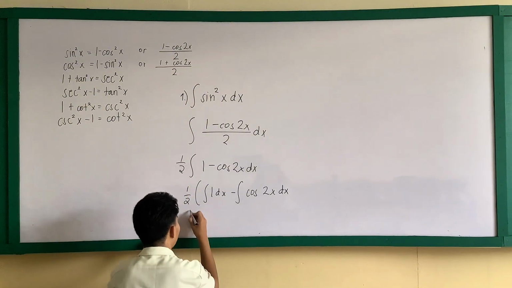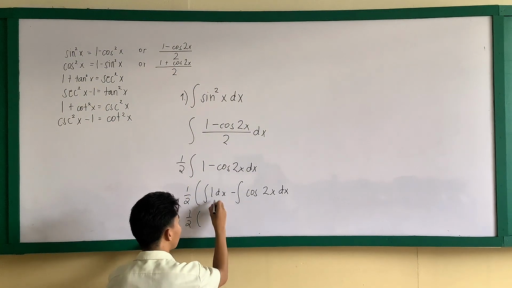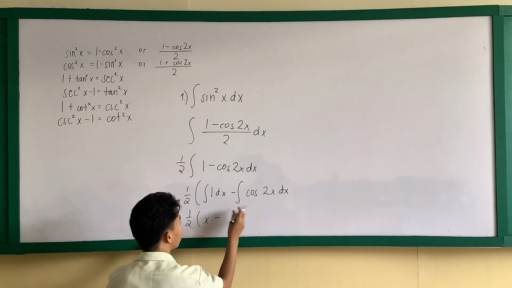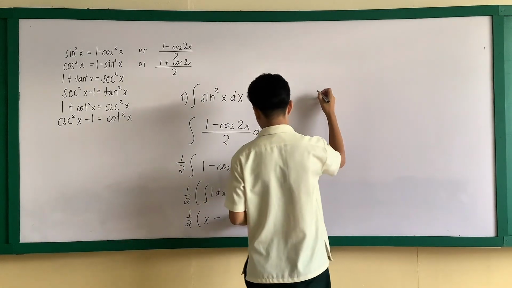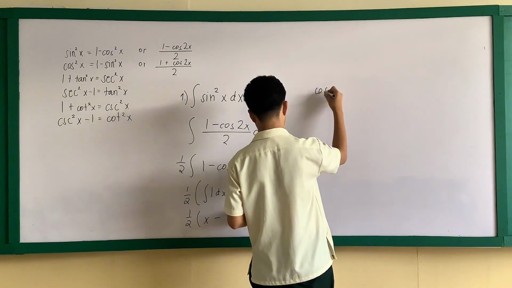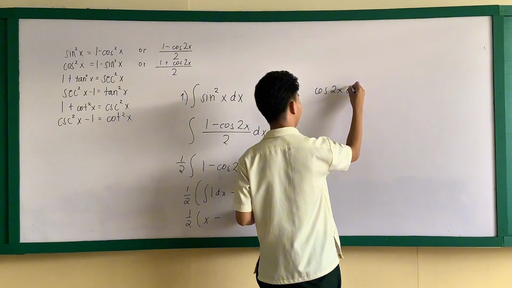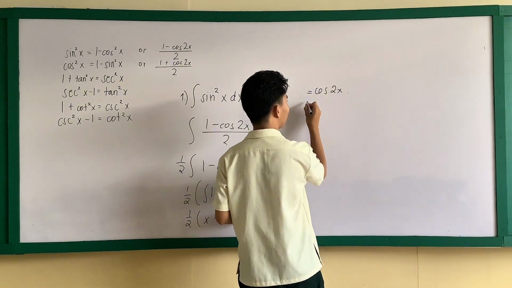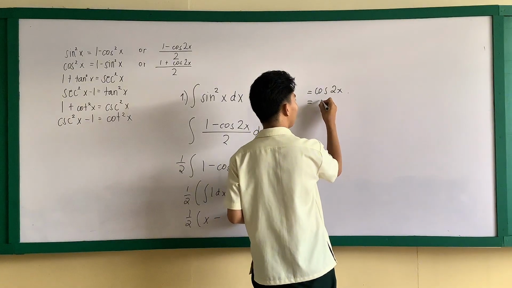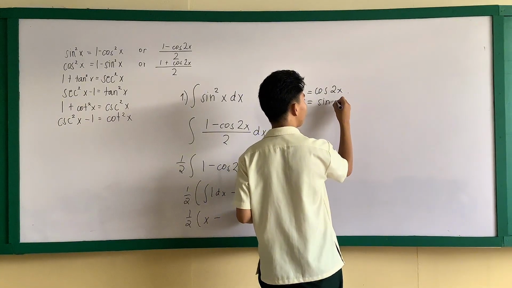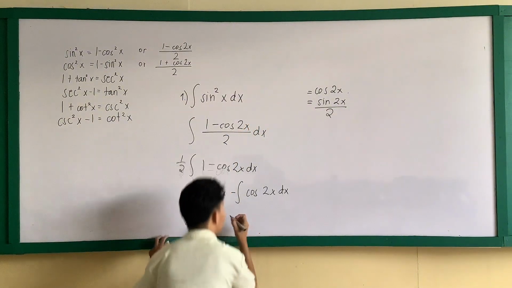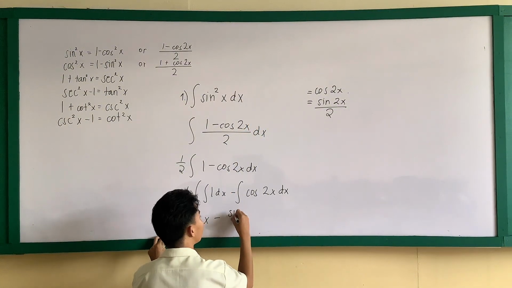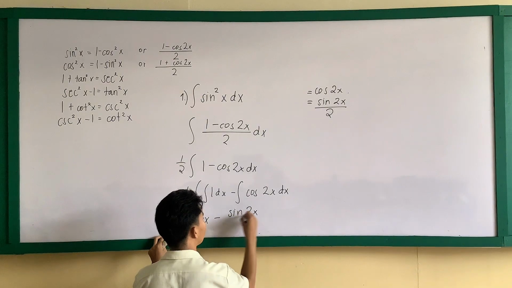So una natin is integral of 1 dx is x minus the integral of cosine 2x dx is equal to sine 2x over 2. So substitute natin to dito. So magiging sine 2x over 2.